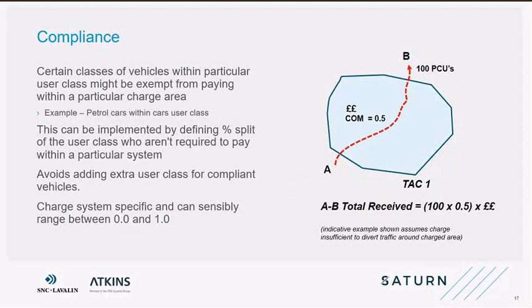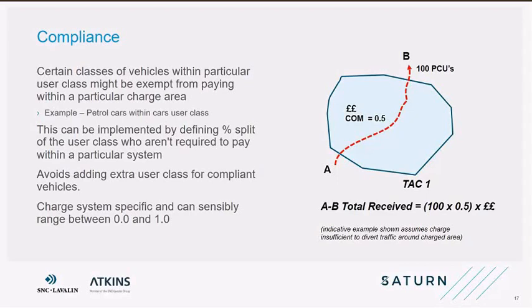There is one more option, compliance. There's an option where certain classes of vehicles within a particular user class might be exempted from paying toll. Like you can exempt petrol vehicles from paying toll, and only the diesel vehicles are charged.